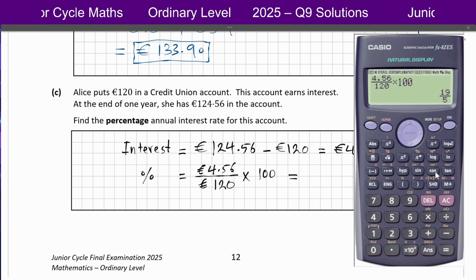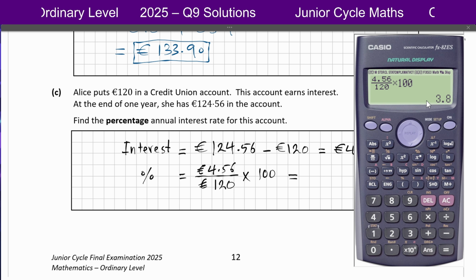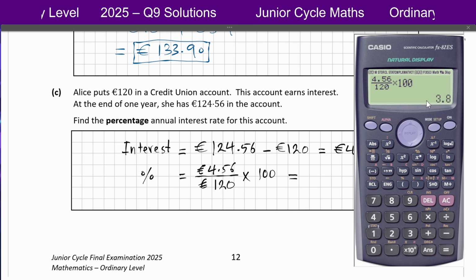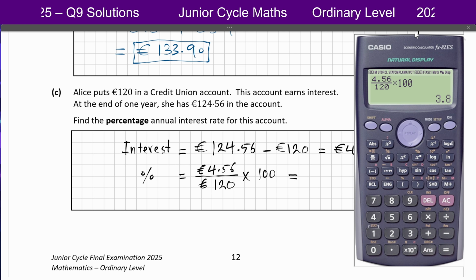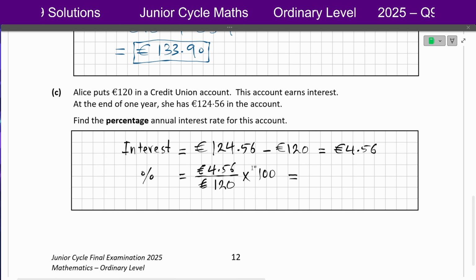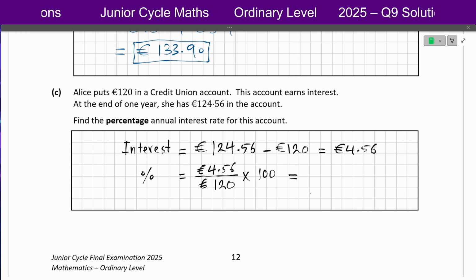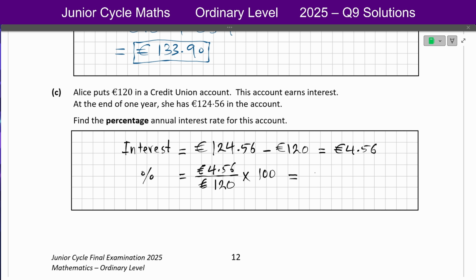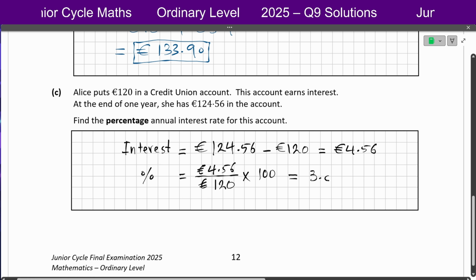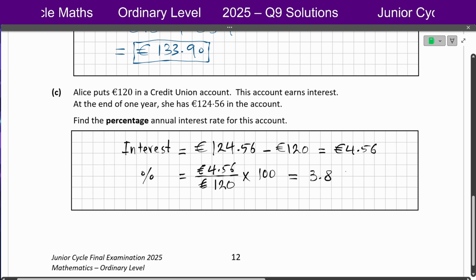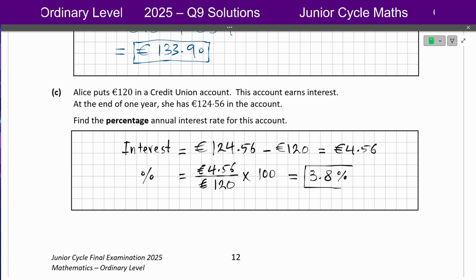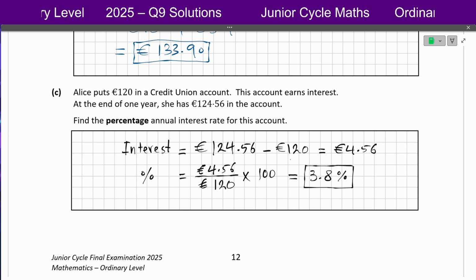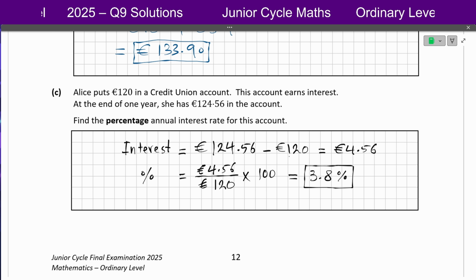The answer is 3.8, which is the percentage. So we write it down like this: 3.8%. The percentage is 3.8 percent, and that is the correct answer for section C.